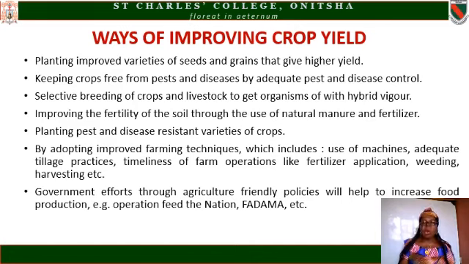Here, when we get two organisms that have two good qualities, we mate them together so that their resultant offspring, which we now call hybrid, will have those qualities of both parents in one organism. Then, another one is planting pest and disease-resistant varieties of crops. There are some crops that disease and pests don't attack easily, so we look for those types and plant them.